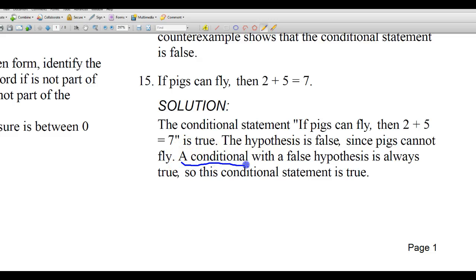A conditional with a false hypothesis is always true. So this conditional statement is true. And this just works from the laws of logic. So if you read a statement and the hypothesis is false, then the conditional statement altogether is a true statement.